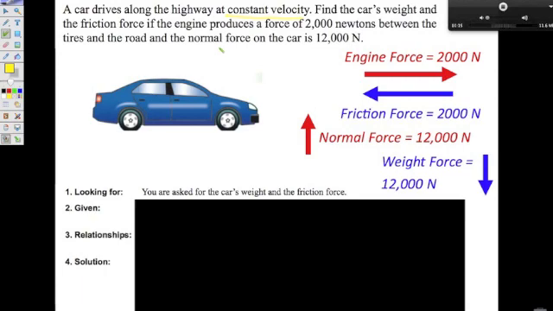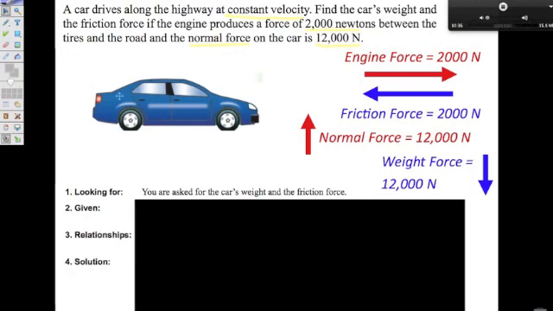Find the car's weight and the friction force if the engine produces a force of 2,000 newtons between the tires and the road, and the normal force, or the force that is perpendicular to the surface and applies the same force on the car, is 12,000 newtons.